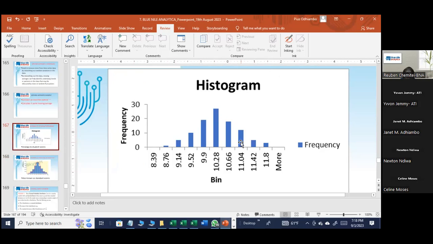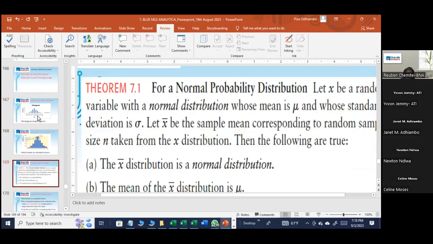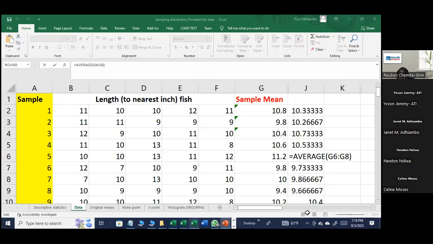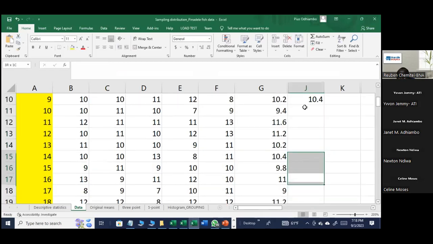One of the most important things in checking for normality is to have a data set and use a histogram to display how it looks. Now, I'm going to use the same data to create this histogram. Let me do away with the moving averages here.